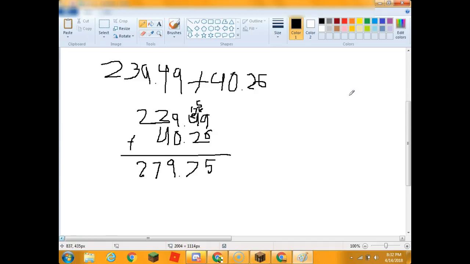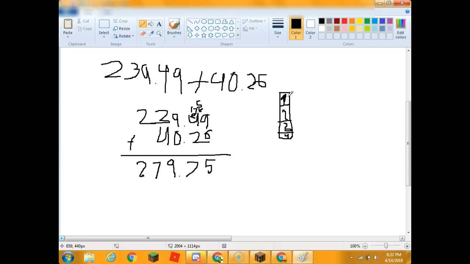So now I'm going to show you the other way that you can do it. You can also put this into 4. So that's 1, and that's 2, and that's 3, and that is 4.